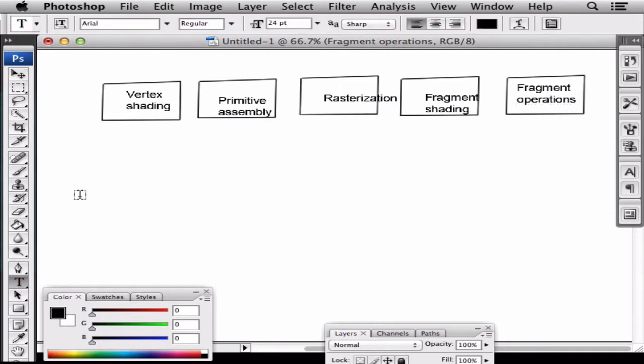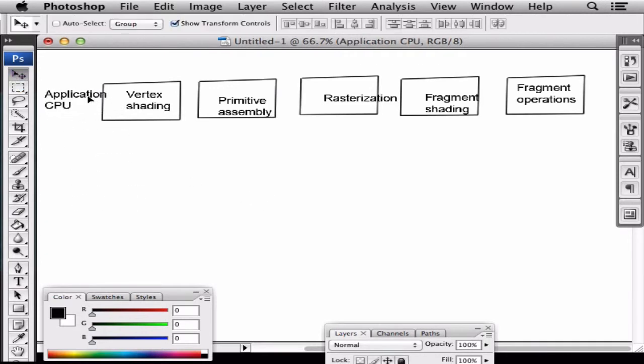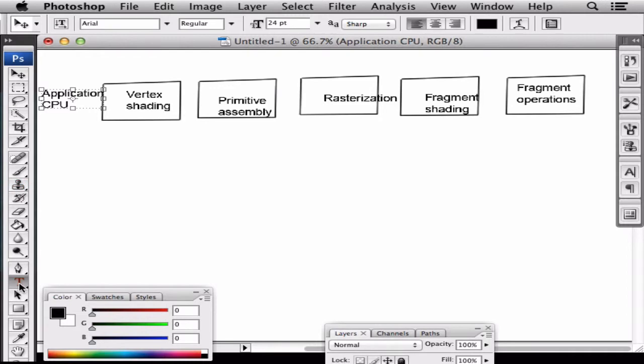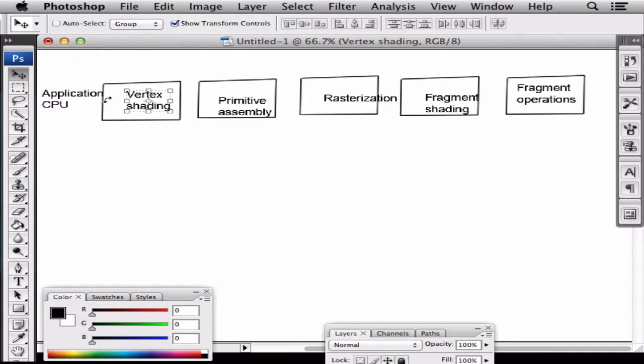And I should also state what is the input and what is the output. We say that over here we have the application, the CPU, whatever the game, if it's a game, all the game code, that's where all the data comes from for the graphics pipeline. So what graphics should be rendered and where and with what properties and so on.